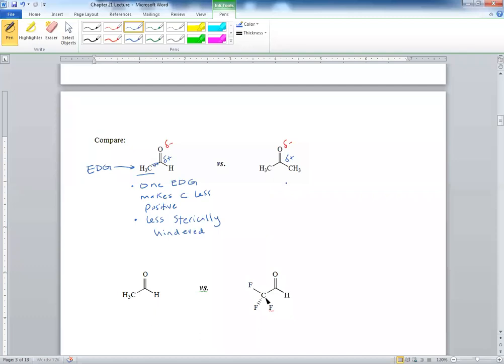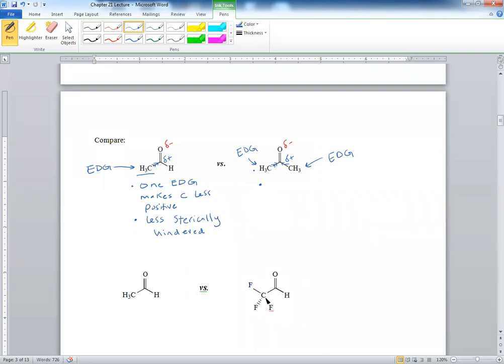Now, on the other hand, let's take a look at this one. Here we have two EDGs, electron donating groups. So what do you think? They both donate toward that carbonyl carbon, which makes it even more stable. They make it even less positive.